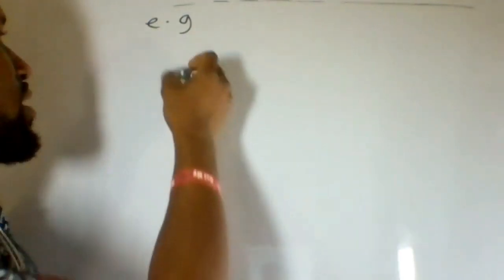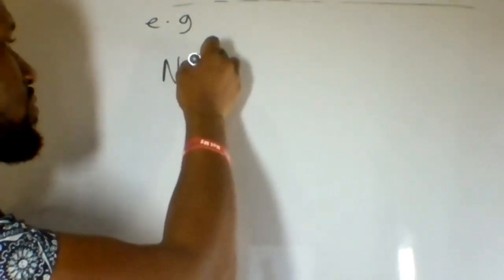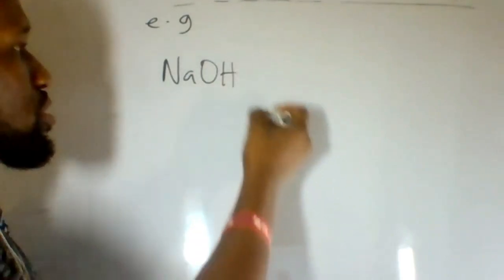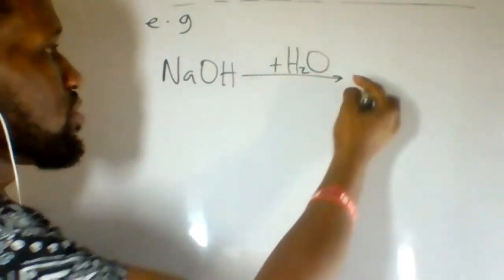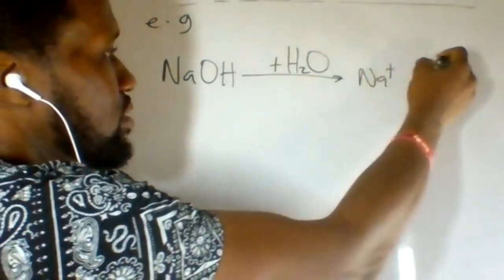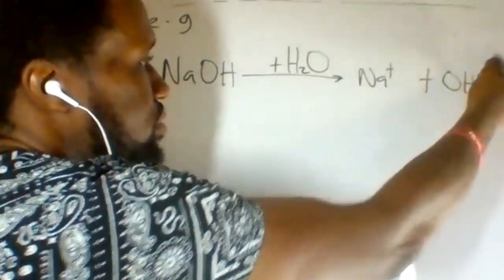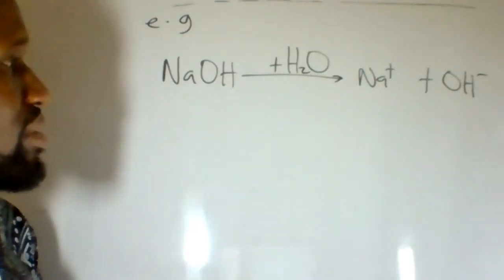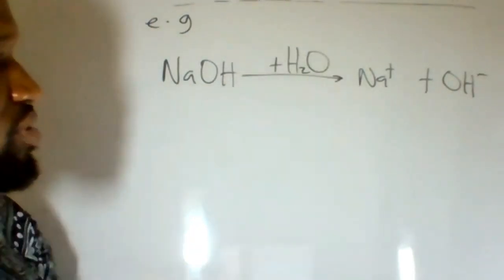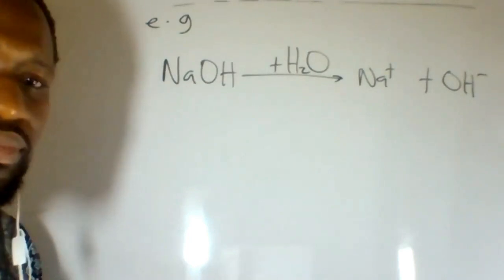Another example is sodium hydroxide. Sodium hydroxide, when added to water, produces the hydroxide ion also. So, Arrhenius bases are substances that, when dissolved in water, produce hydroxide ions.